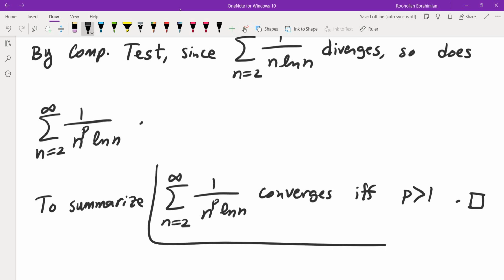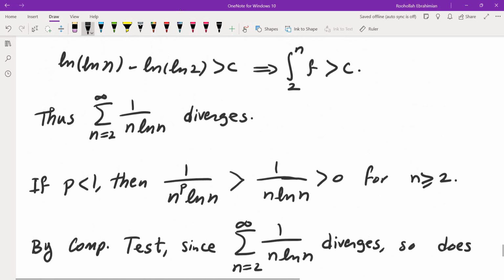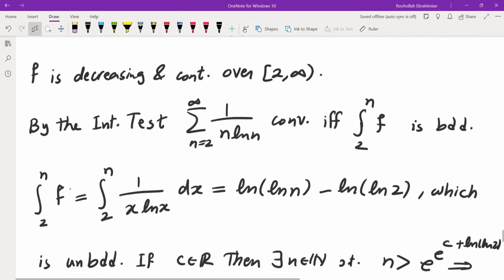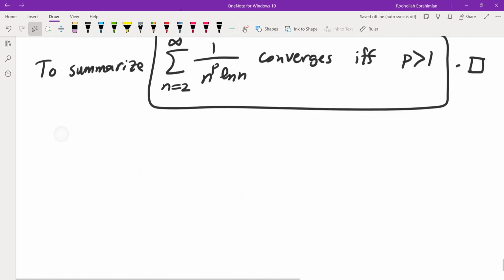So this is the conclusion of this discussion. Anytime you're asked to find all values of p that a series is convergent, you will have to find the values of p that are convergent and also show that everything else gives you a divergent series.